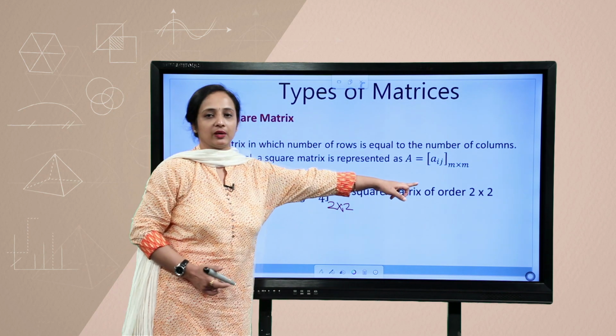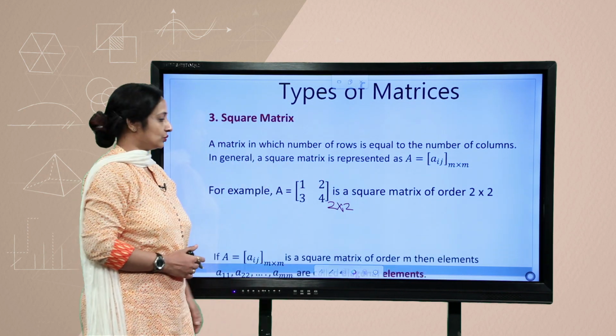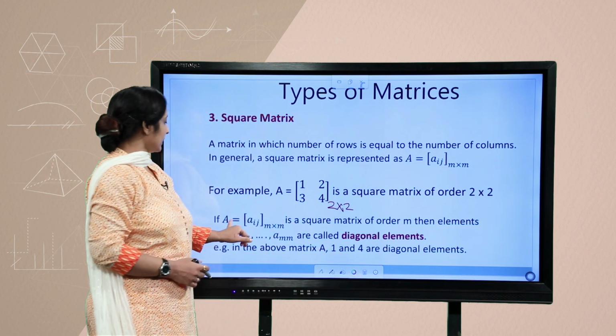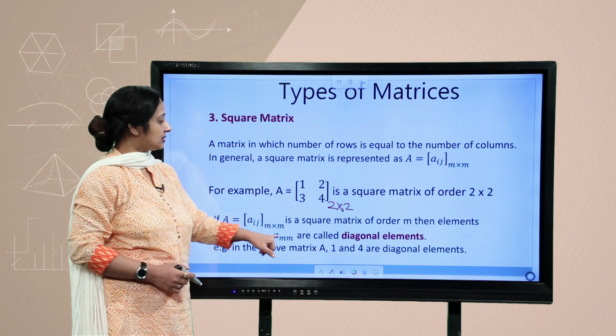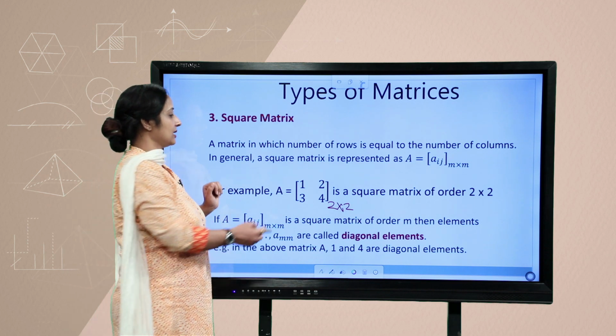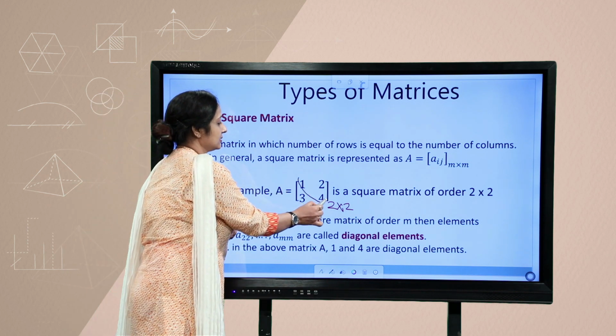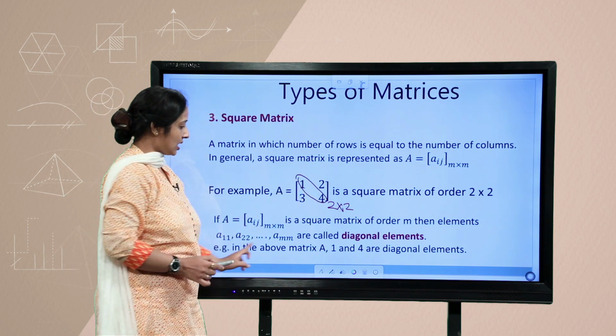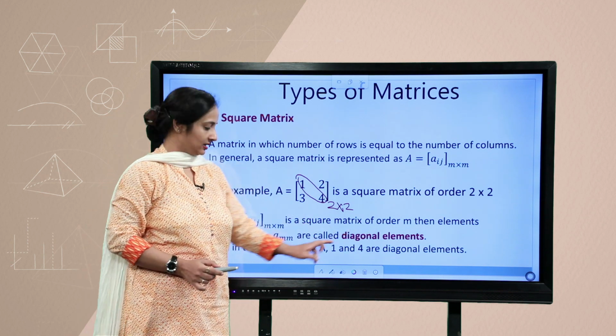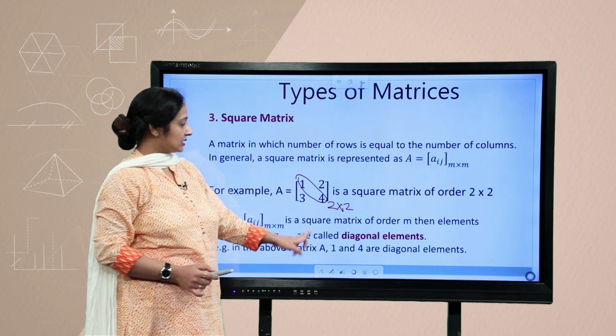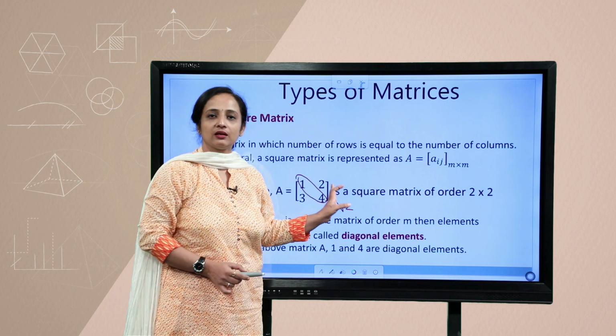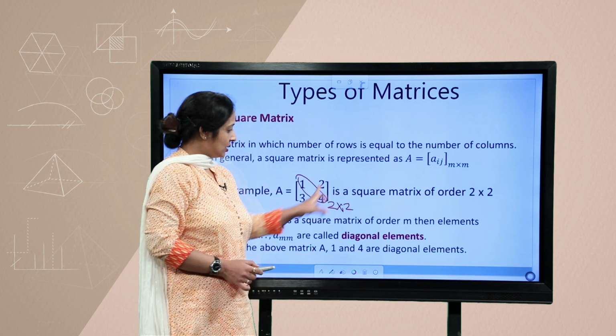So it is a square matrix of order 2 by 2. In this matrix, we can also say that these elements 1 and 4 are known as diagonal elements.